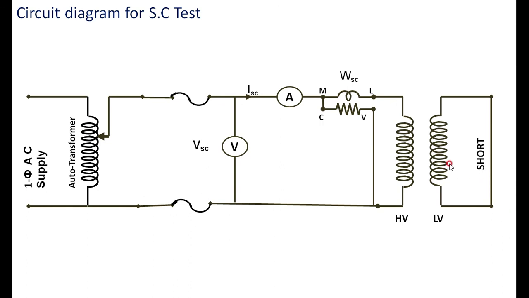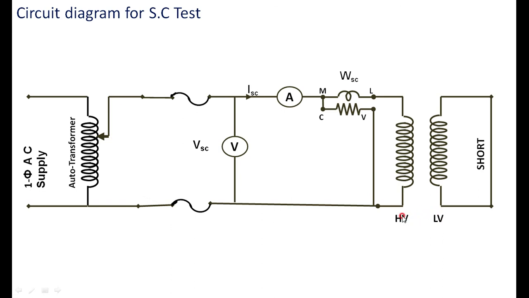There is one question I kept open: why are we shorting the LV side, with all the meters connected on the HV side? If the voltage is more, the current is less; if the voltage is low, the current is high. Suppose we connect all the meters on the LV side: the voltage is less, therefore the current is more.